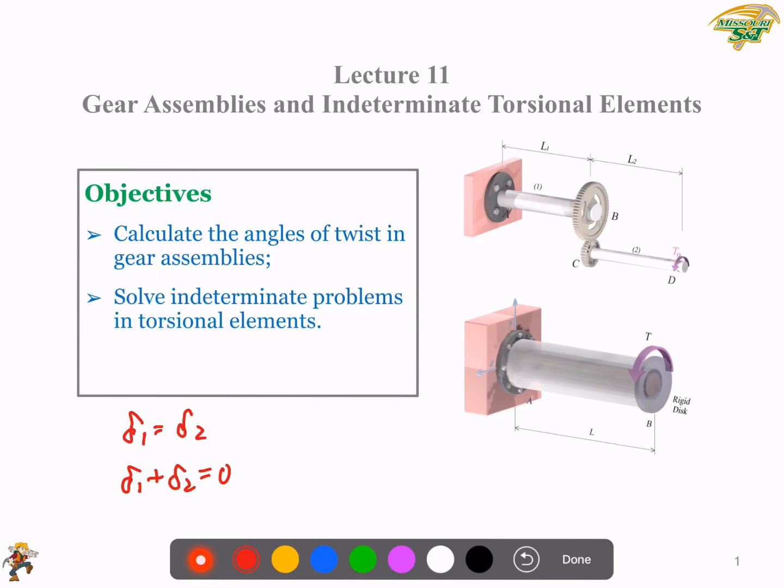Today you will see that it is actually the same, or at least similar. So you can build the additional equations by writing phi 1 equals phi 2, or phi 1 plus phi 2 equals 0.